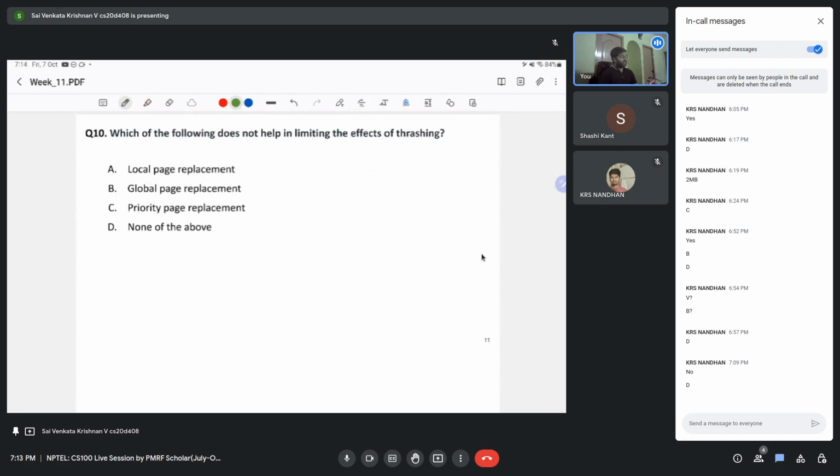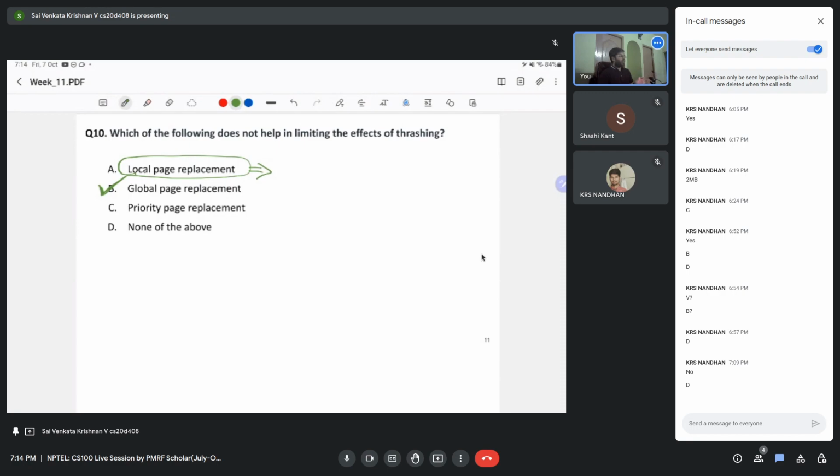Okay. So the answer is global page replacement, because in a local page replacement, it is not affected by how the other processes are using the memory, or the number of pages, the active set of pages, it requires.